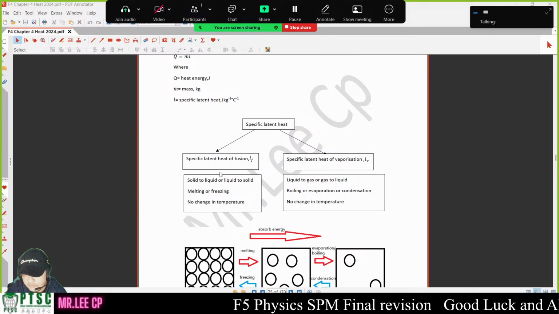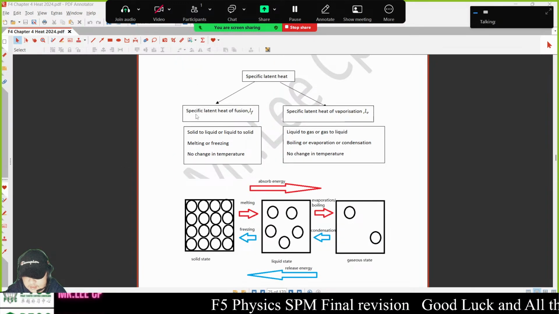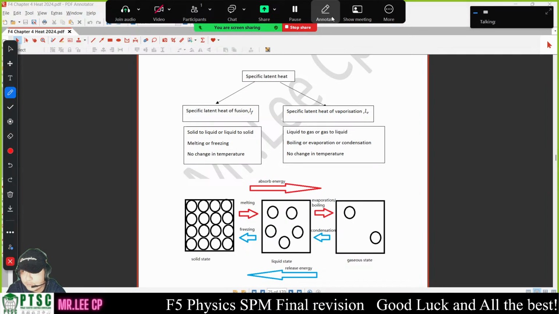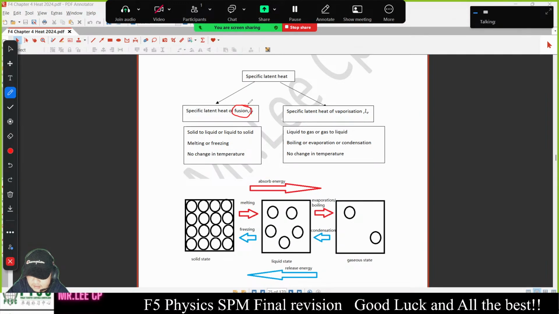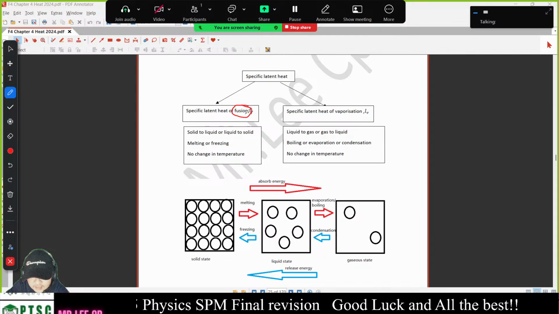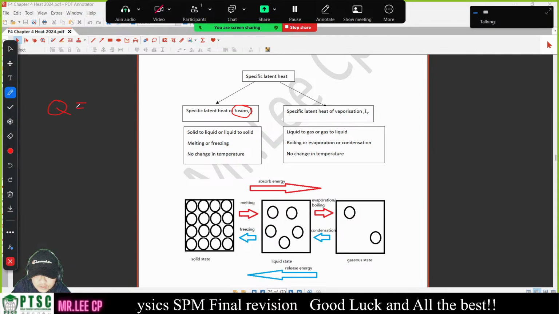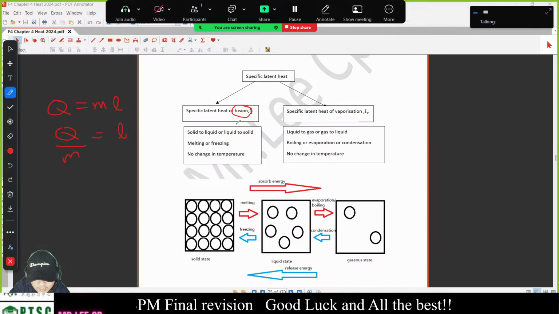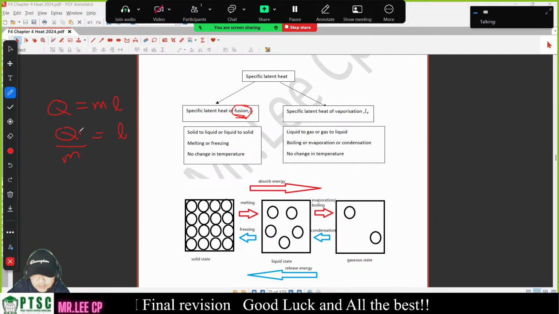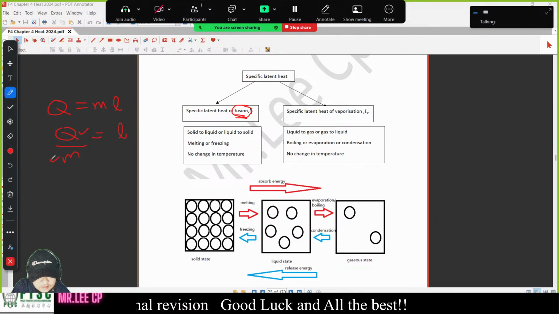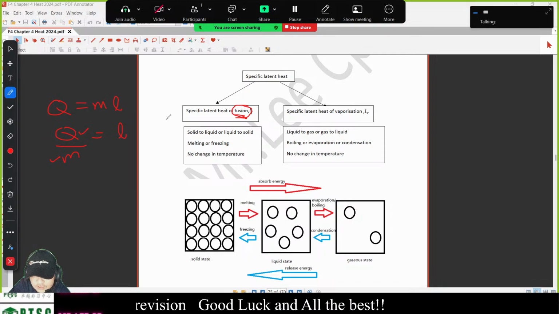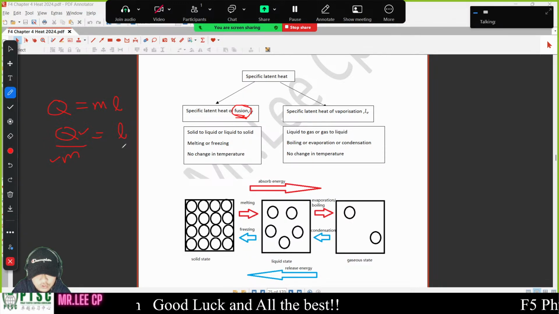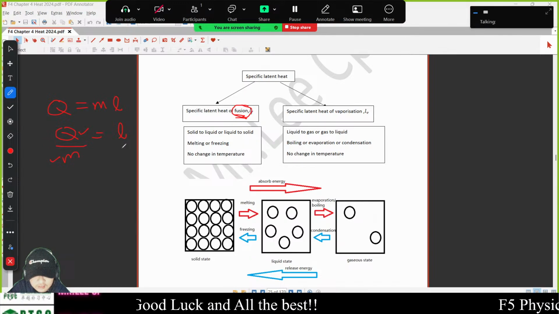If they are asking latent heat of fusion and latent heat of vaporization, you need to state which. Right? So latent heat of fusion is Q is equal to mL, L is equal to Q over m. If they say fusion, it is the energy needed for 1 kg of solid to change to liquid, or liquid change to solid without change in the temperature.